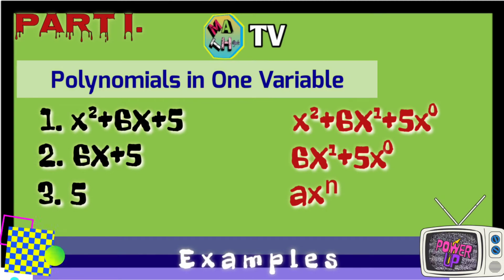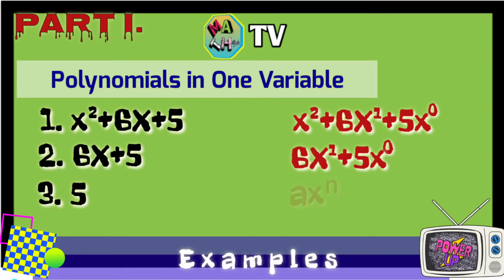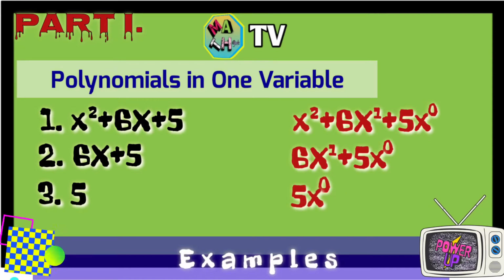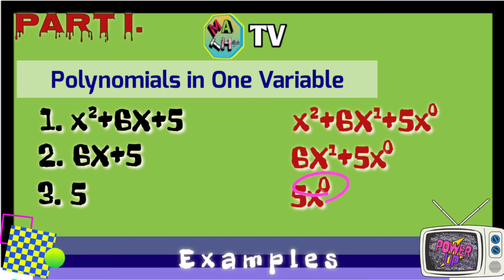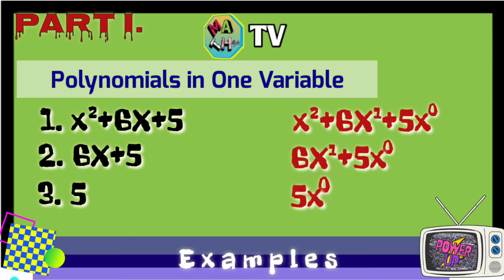Take note that we can rewrite 5 as 5x to the power of 0. So written in this way makes it clear that the exponent on the x is 0. So we can see that it is really a polynomial in one variable.